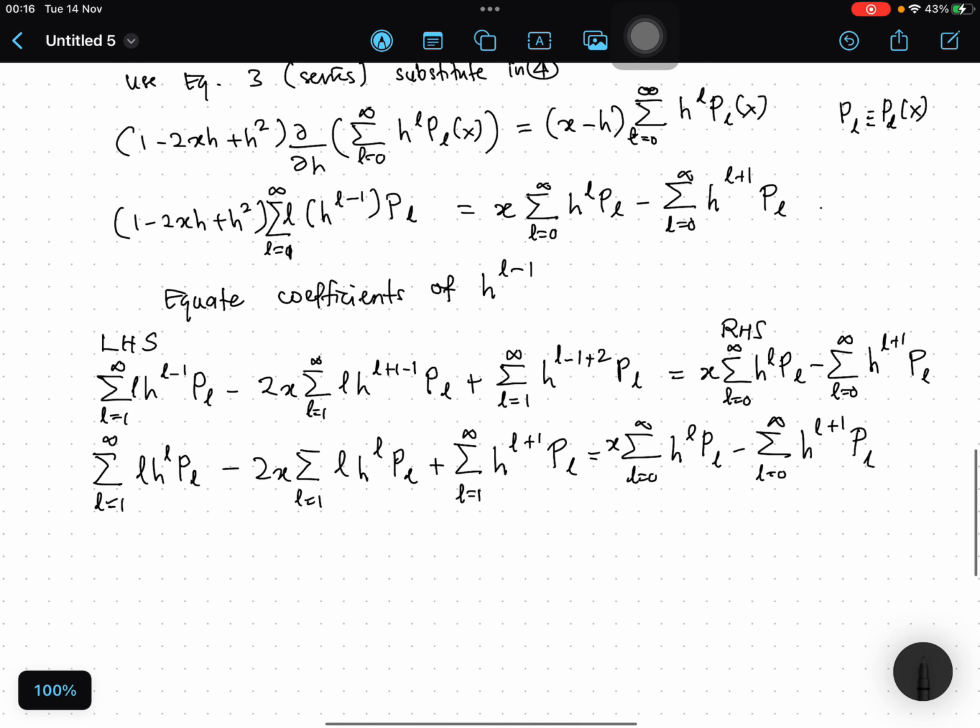But remember I want hl minus 1, so you make the order of hl, whatever L prime is, must be L minus 1. Okay, so L prime must be L minus 1.